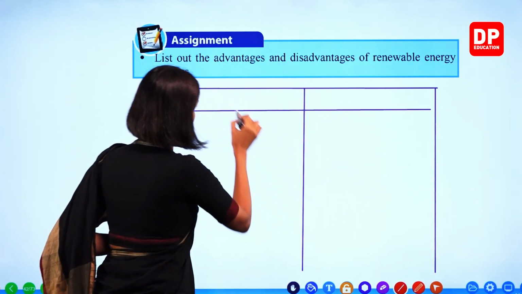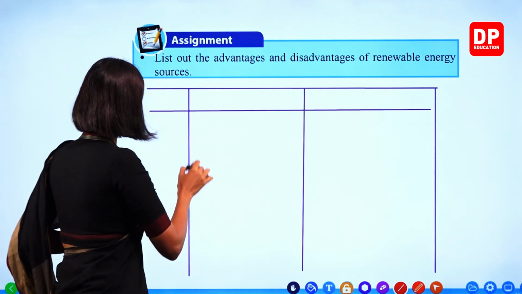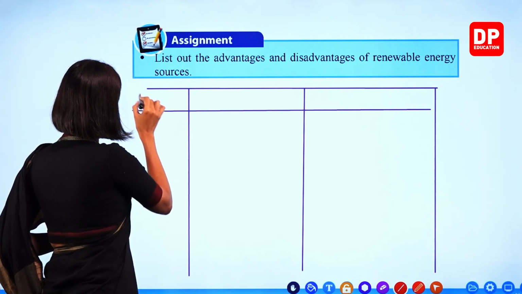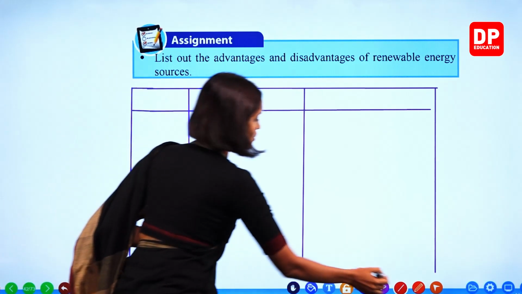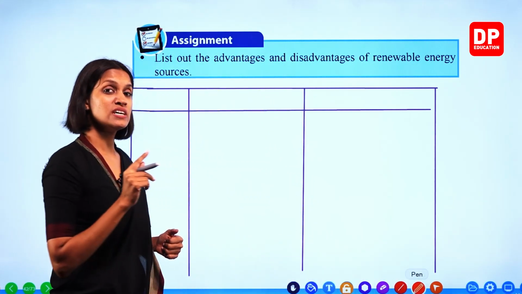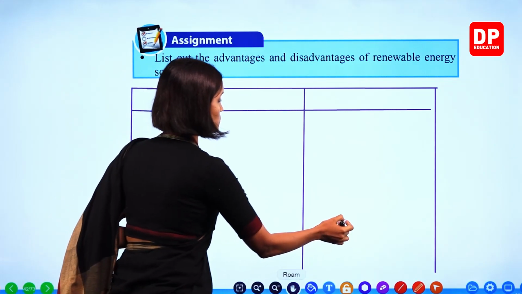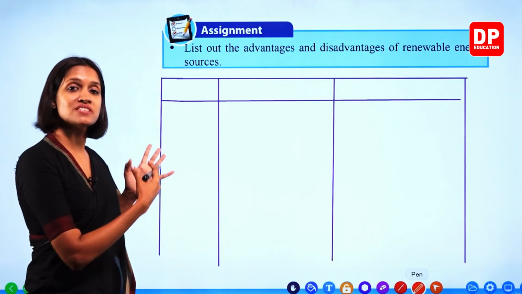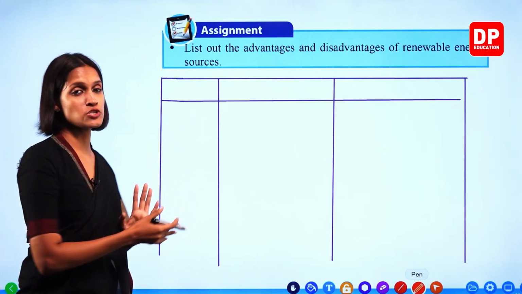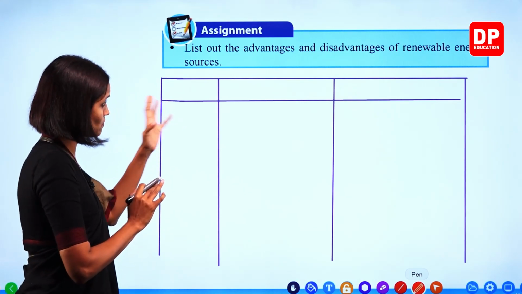So I'm going to take it as 3 columns. And in the first column, we can write down, I will do just one example. All the other things you have to do by yourselves. Okay, children? Right. So this is a kind of summary of renewable energy sources. We have discussed many types of renewable energy sources.